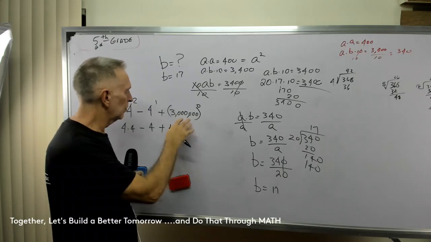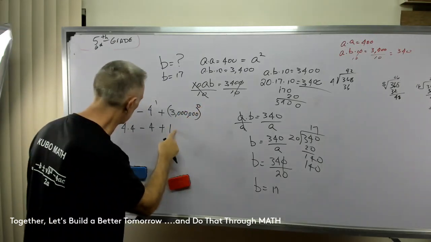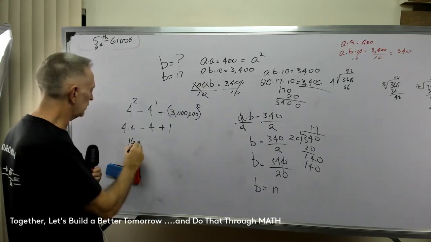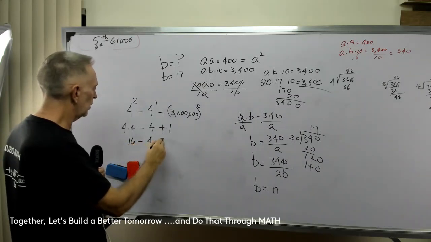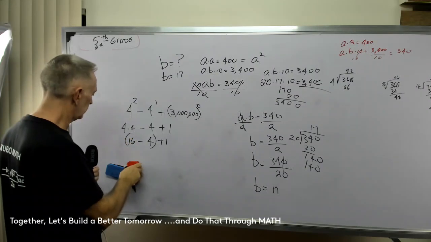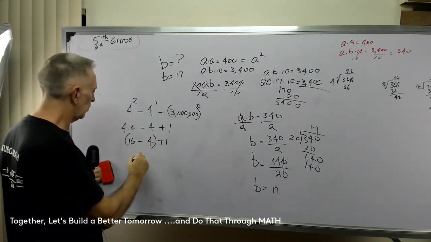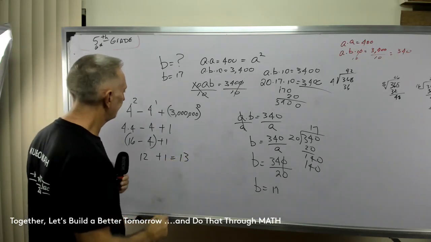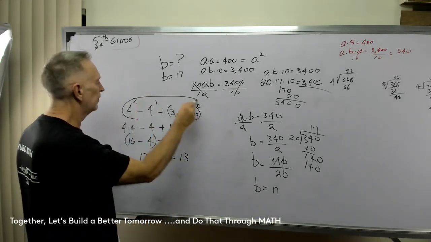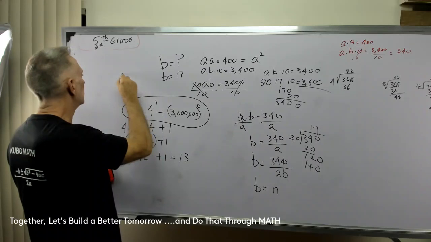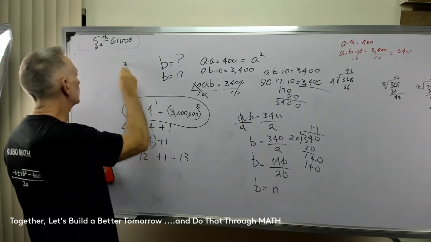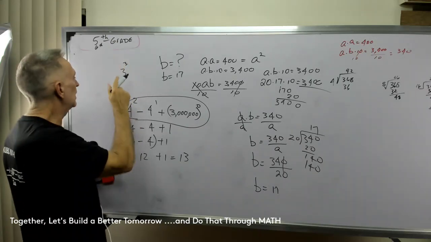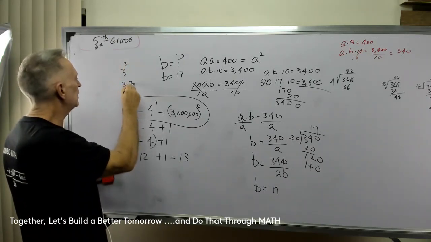Any number raised to the 0 power is 1. So now what do we have? 4 times 4 is 16, minus 4 plus 1. So if I just group those, 16 minus 4 is 12, plus 1 equals 13. Okay? Remember, if I have 3 to the cubed, it's this number times itself that many times. So this would be 3 times 3 times 3.